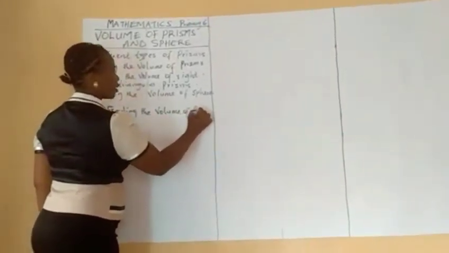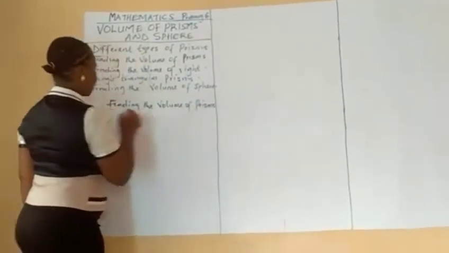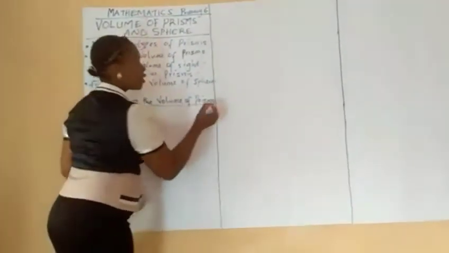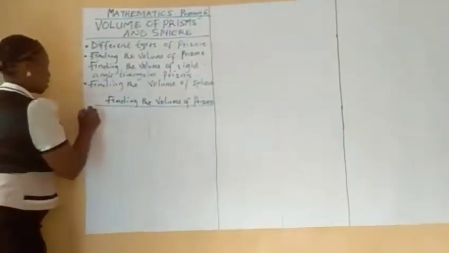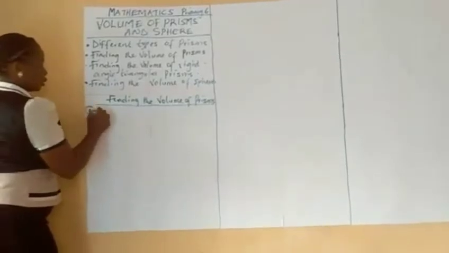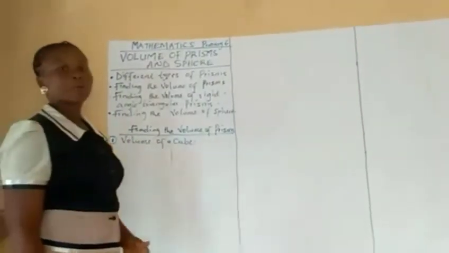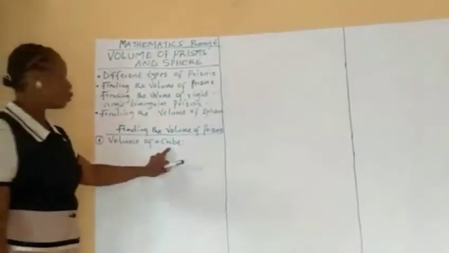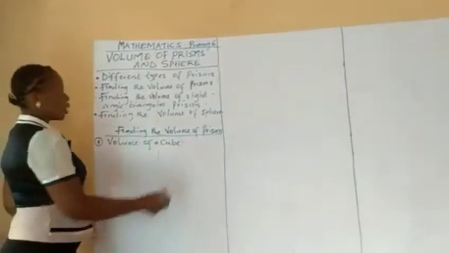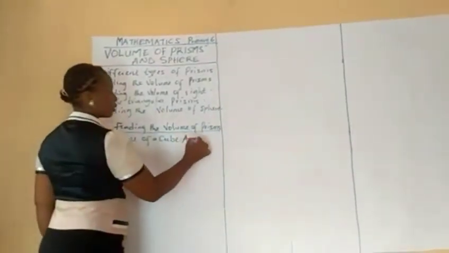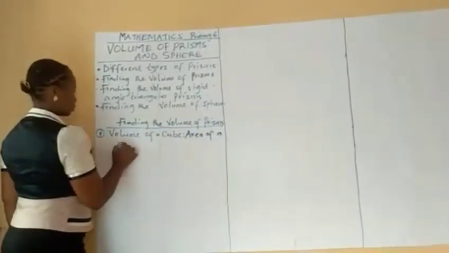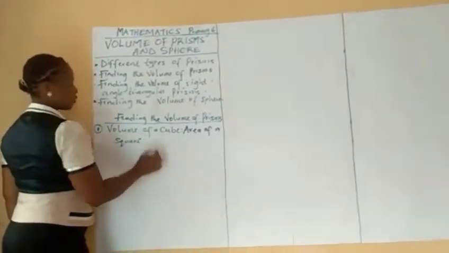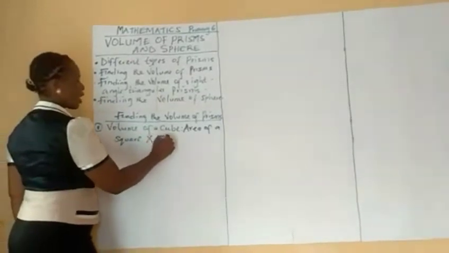Please remember, you have to have your paper and your biro, and you are going to be solving with me. The first one we are going to look at is the volume of a cube. The end of a cube is a square. So the formula for finding the volume of a cube is equal to the area of a square times the height.